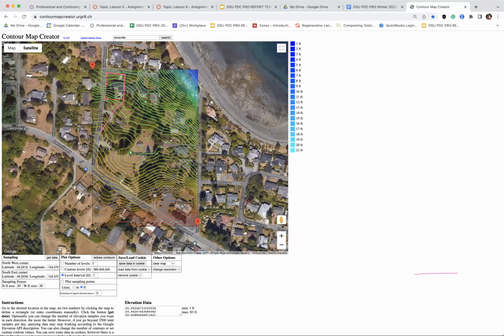Oops, I'm in draw mode here. Uh-oh. That did not work. Just figure out why.